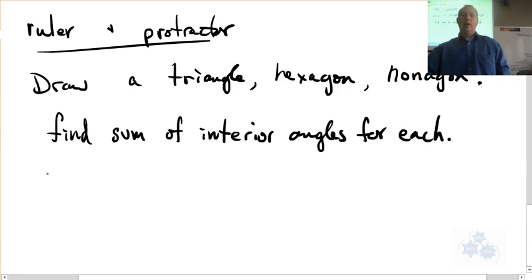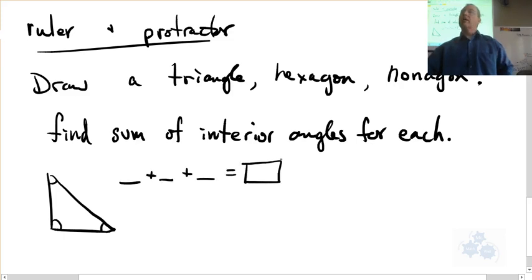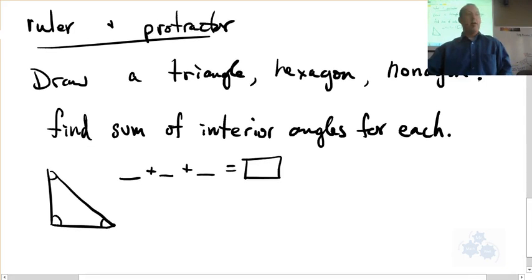It doesn't have to be a right triangle, it can be any kind of triangle. So use your protractor to find all these angles, add them up, and check to see if what we've learned so far is actually true. Take a few moments to do that, and when you're done, I'll take your answers, and then I'll show you that shortcut formula.